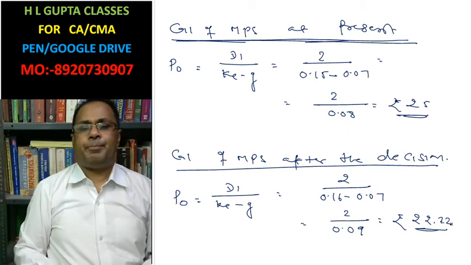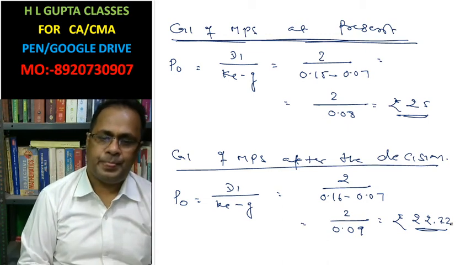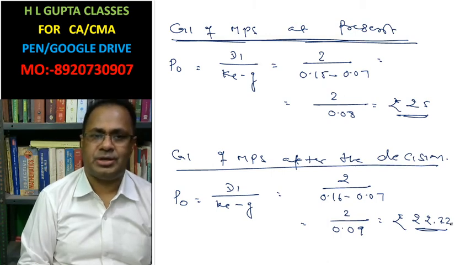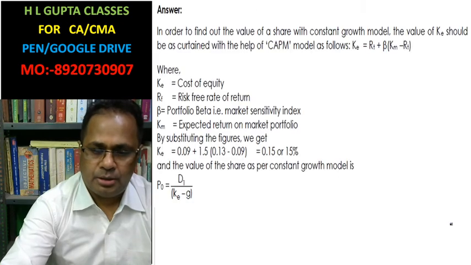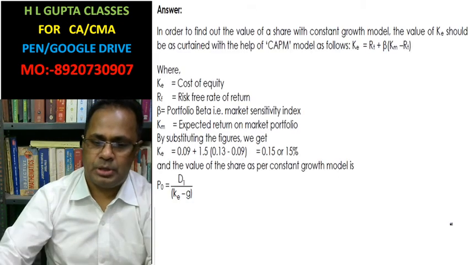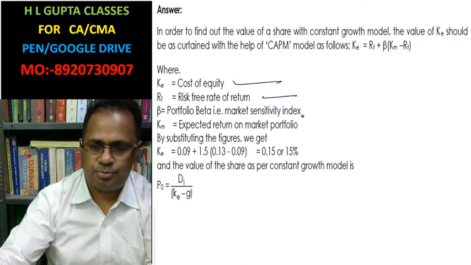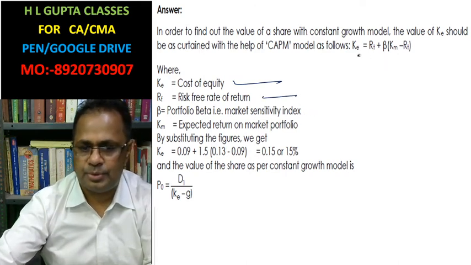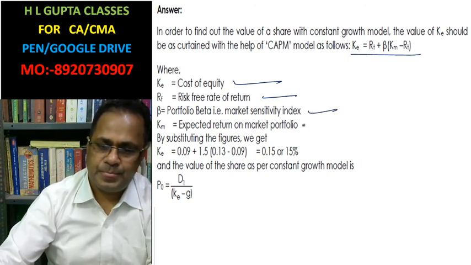So first you have to calculate the cost of equity as per CAPM, and thereafter you can calculate the market price. Look here: in the first case, the cost of equity uses the risk-free rate of return, portfolio beta, and the expected return on the market portfolio.